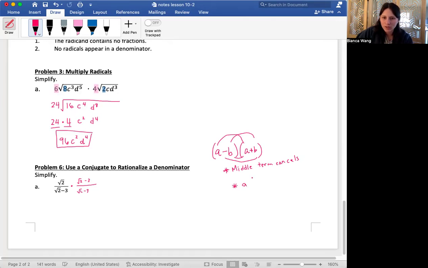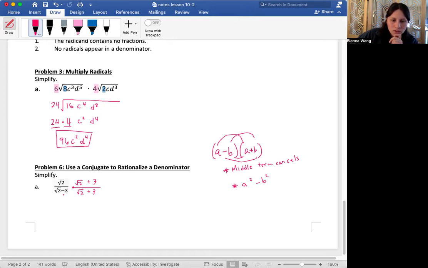What you have is A squared minus B squared. So we're going to utilize this idea. Instead of just multiplying the same thing top and bottom, square root of 2 minus 3, we're actually going to multiply the conjugate, which is square root of 2 plus 3 on the top and bottom.